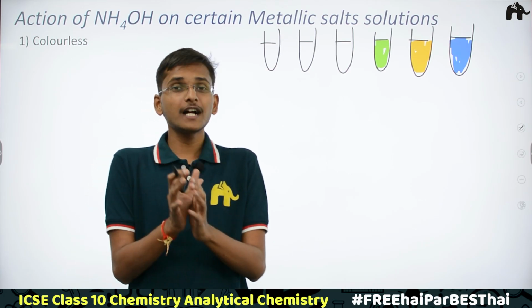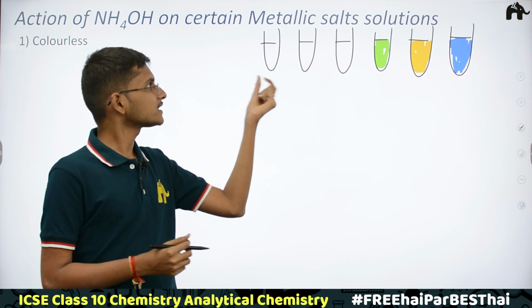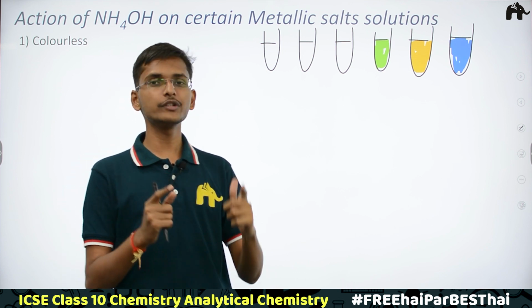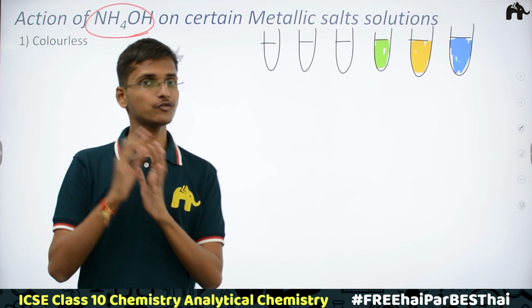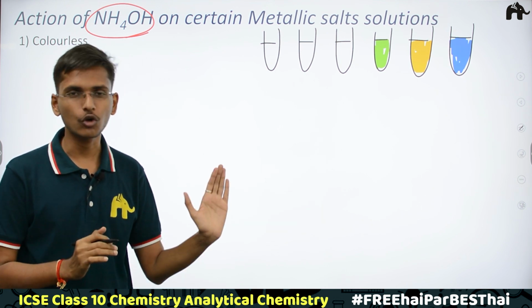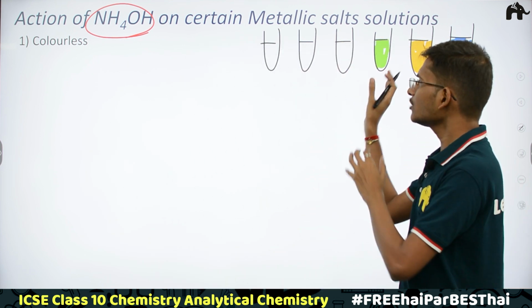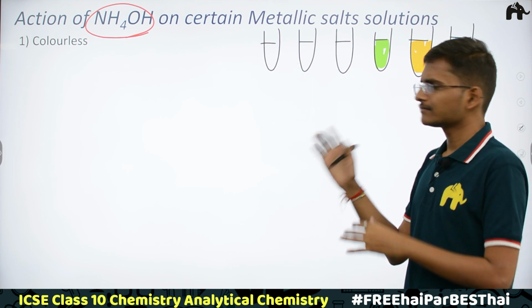Now let's start identifying which particular metal ion is present in which of these metallic salt solutions. But here we are going to do it with the help of ammonium hydroxide. We have done it with the help of sodium hydroxide, right? And we are going to follow exactly the same method here also. So I'm going to start with the colorless solutions, taking the first, second and third colorless solutions, and we will do it in one go.